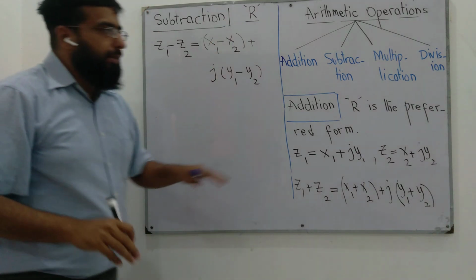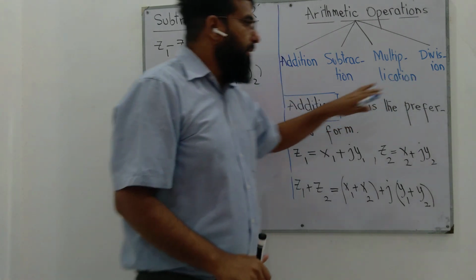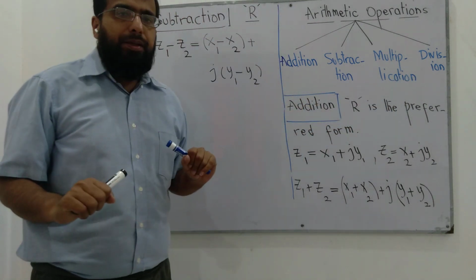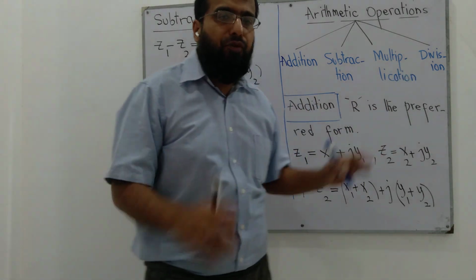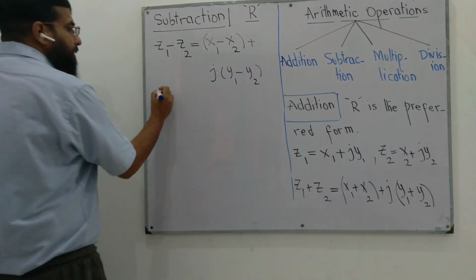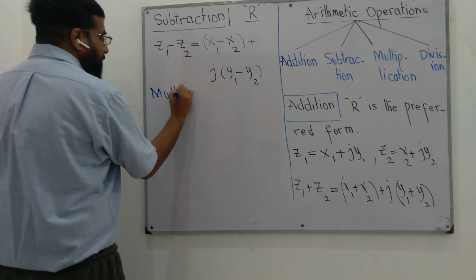But for multiplication and division operations, the numbers should be in polar form so that these two operations can be performed efficiently. Let's see the multiplication operation.